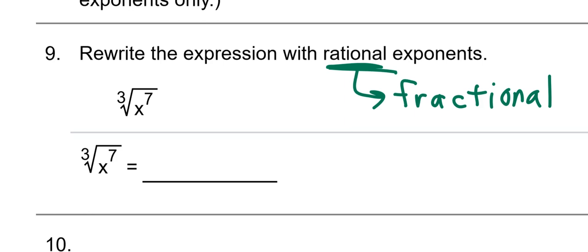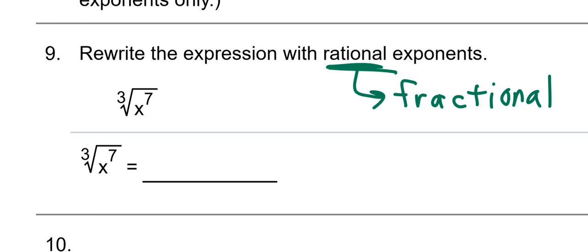Rewrite that so it has a fractional exponent. Answer. Root over power, power over root. What does the tree tell me? Power over root.